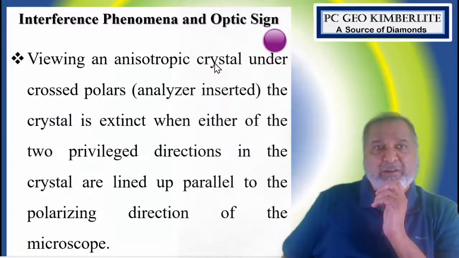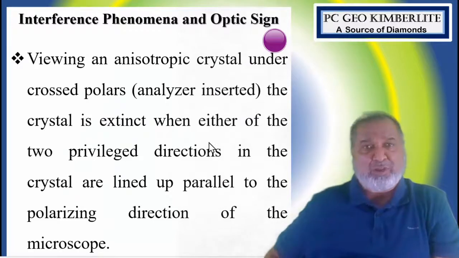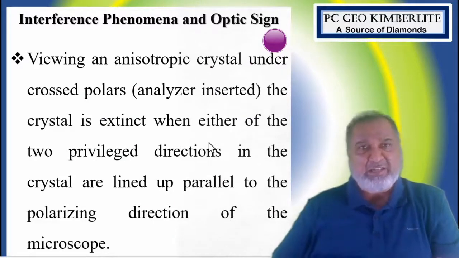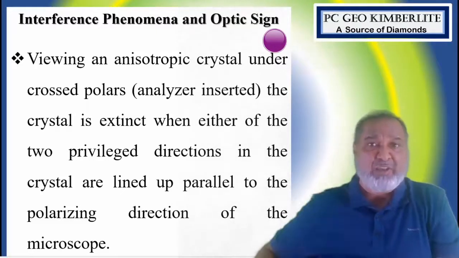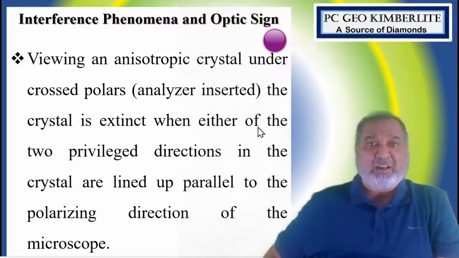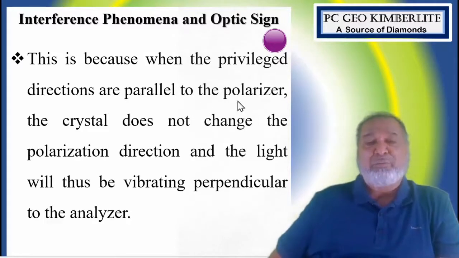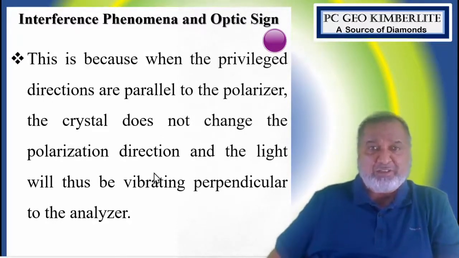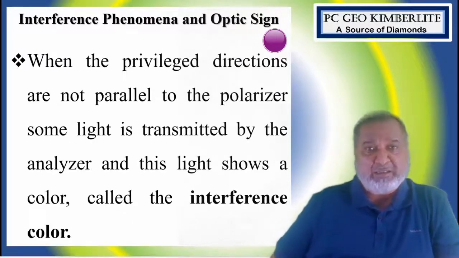Viewing an anisotropic crystal under cross polars with the analyzer inserted, the crystal is extinct when either of the two privileged directions in the crystal is lined up parallel to the polarizing direction of the microscope. This is because when privileged directions are parallel to the polarizer, the crystal does not change the polarization direction, and the light will thus vibrate perpendicular to the analyzer.